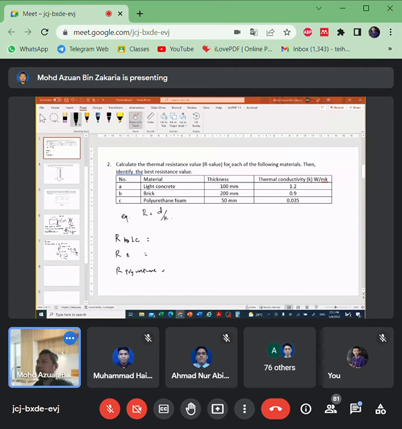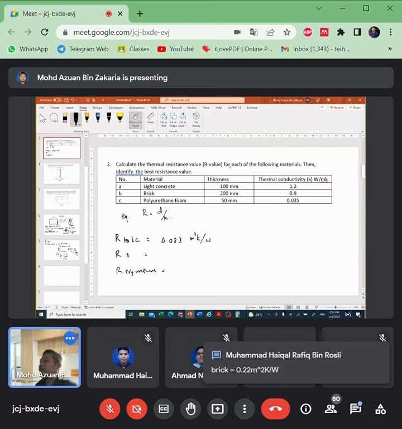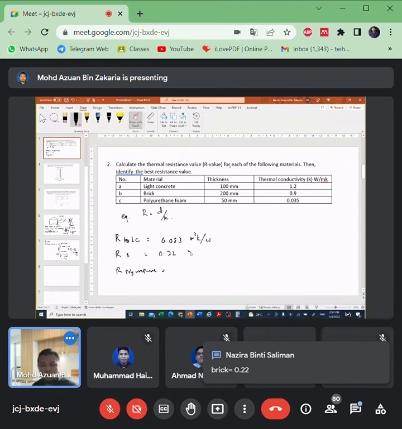So remember the units, meter squared Kelvin over watt. For brick, Haikal Nazira gives 0.22 meter squared Kelvin per watt. Last but not least is polyurethane.